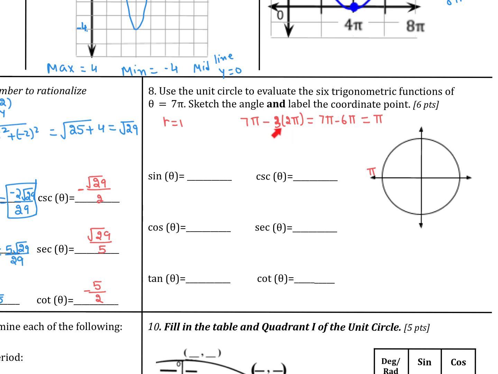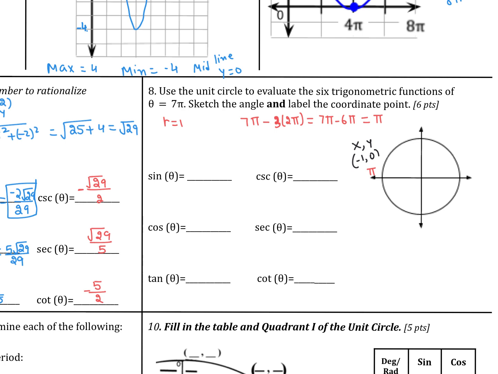If you subtract 4 pi, you get 3 pi, but if you subtract 3 times 2 pi, that's going to give you pi on the unit circle. After that you just follow the unit circle. The unit circle says that at pi it's going to be negative 1 comma 0, which is x comma y.